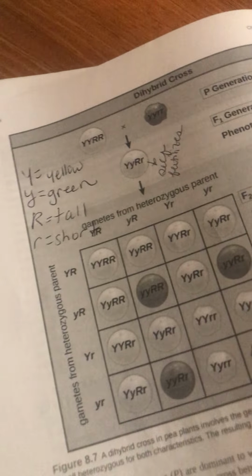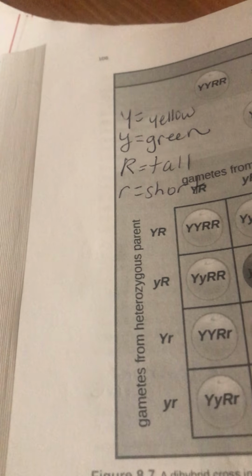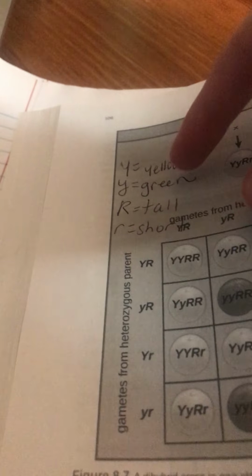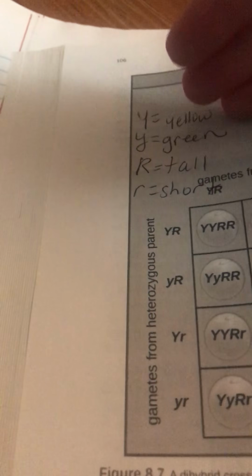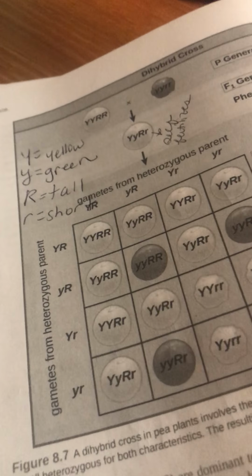So you can use them to represent anything, right? And also, with the dihybrid cross, note that we're talking about the same plant. So I can have a yellow plant that's tall, a yellow plant that's short, a green plant that's tall, or a green plant that's short. So we're looking at two traits of the same plant. That's where the di comes from in the dihybrid cross.